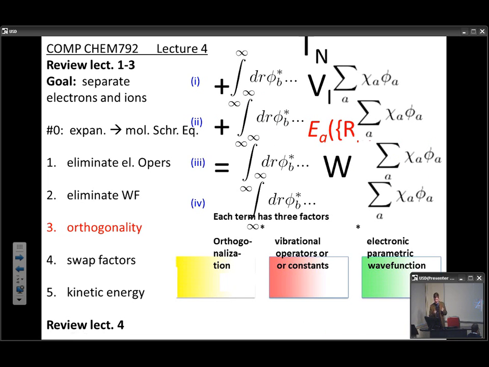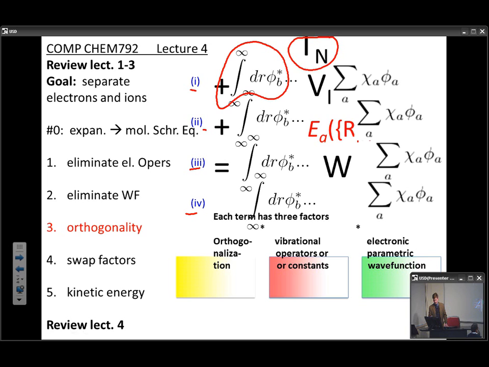Yeah, probably writing by hand is much better than putting it there. So we do have several terms. We multiply each term from the left by this prerequisite for eliminating electronic wave functions, and then we have four terms, and each term has 3 factors.